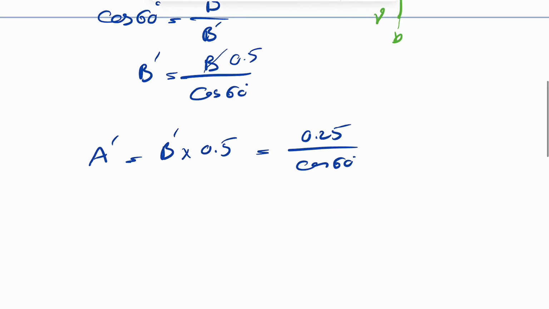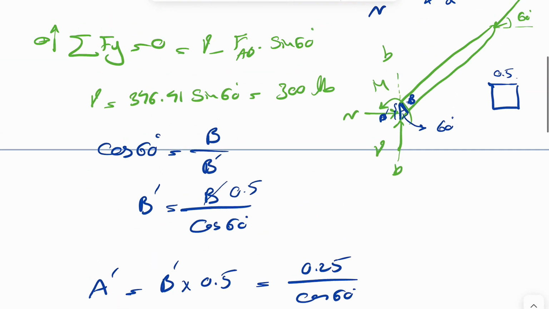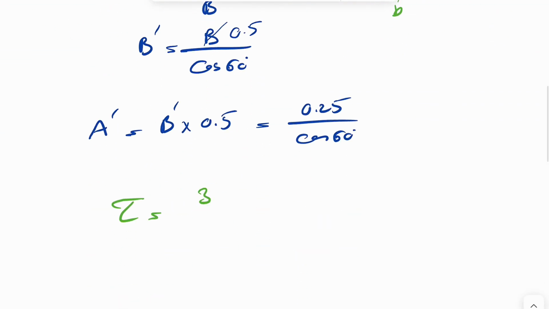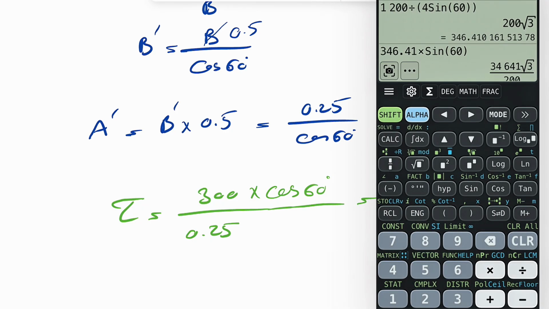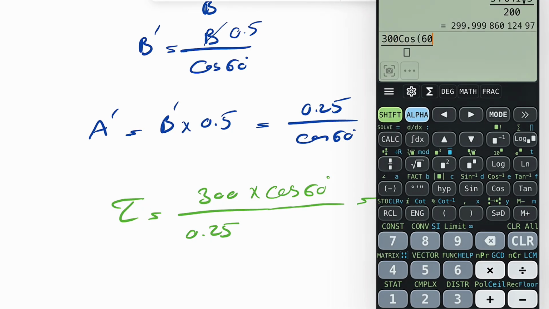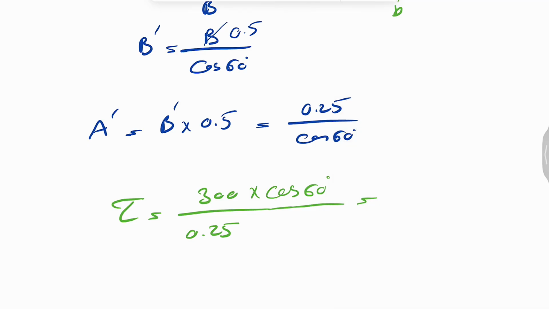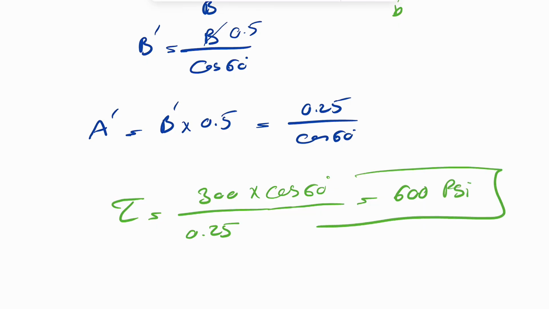So that's the only difference for the shearing force. So the shearing force was 300 pounds, and the area would be 0.25 over cosine of 60, which is going to go to the numerator, and let's see what we get. So 300 cosine of 60, and we have 0.25 here, which is going to give us 600 psi as the final answer for the shearing stress.